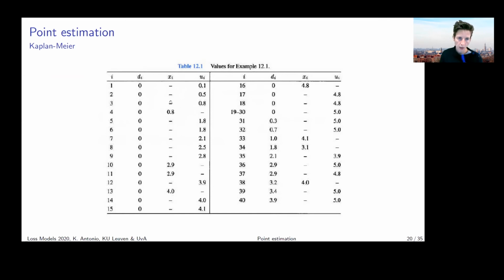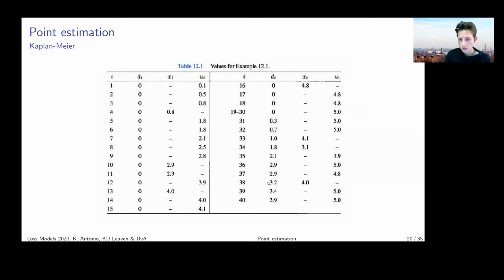So whenever you have an actual observation, in this particular example, it means that you would have observed the death of this policyholder at this specific time xi. If the policyholder canceled, surrendered the contract, or went up to the policy expiration, then you would not see the actual event of interest, but you would only see the right censored value.